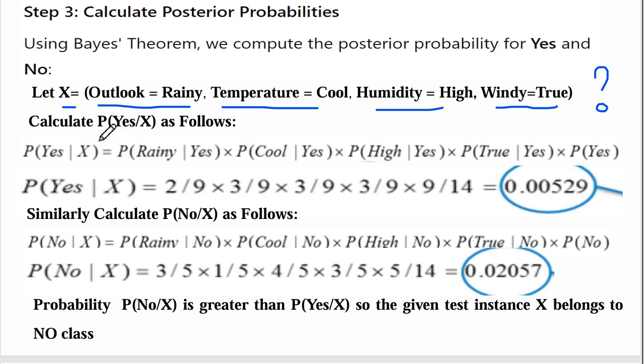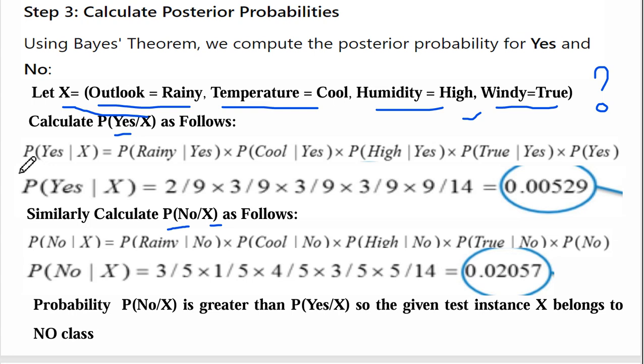We find the posterior probability for yes class given X, and again we find the posterior probability of no class given X. After calculating the posterior probability for yes class and no class, whichever probability has the larger value is the class of the given test instance.